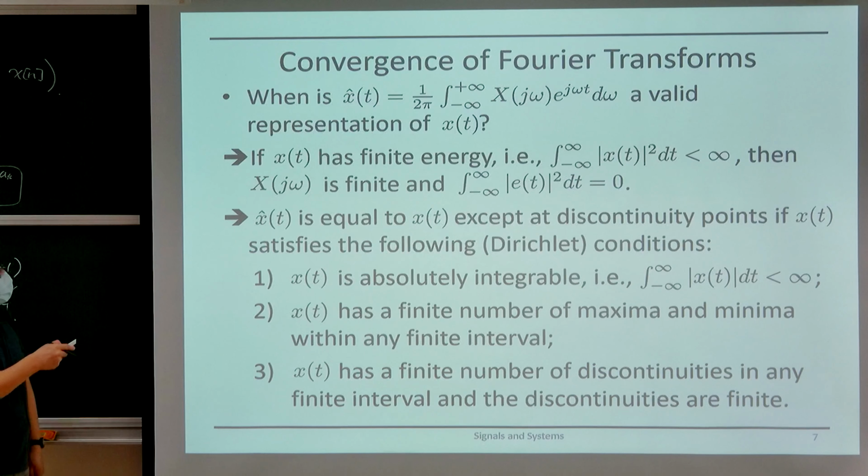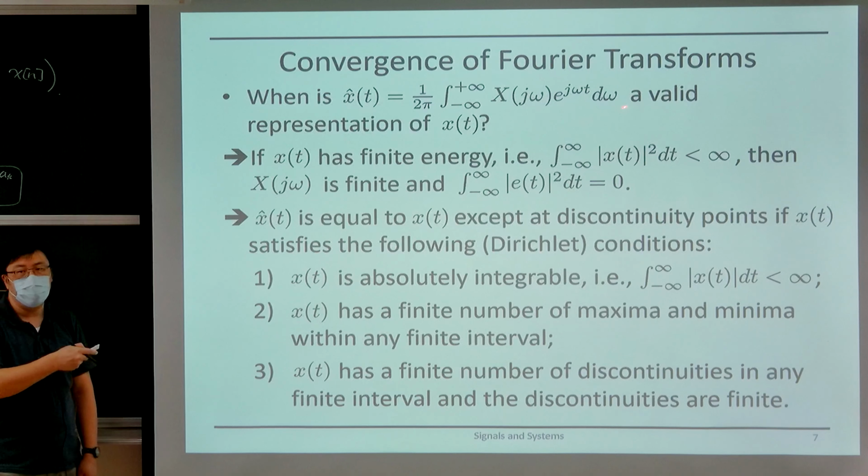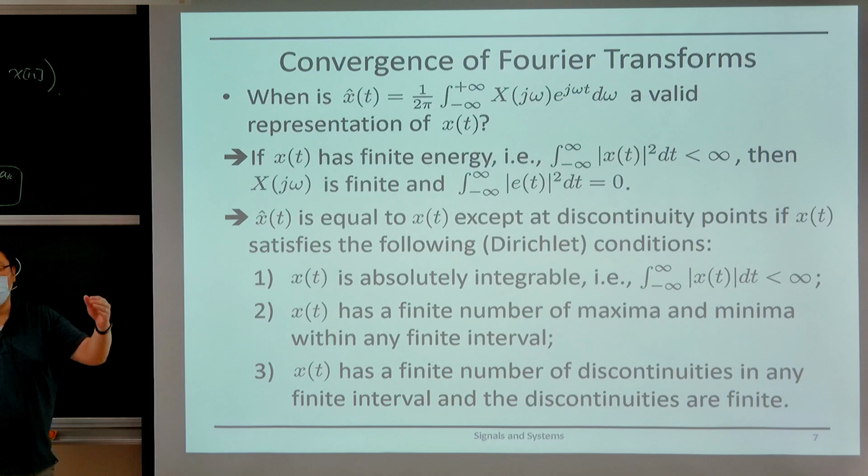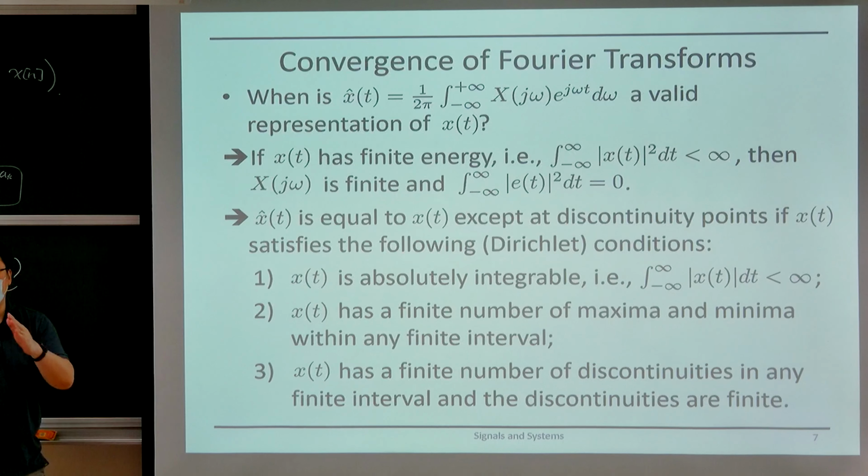So this representation, this Fourier transform exists, if you're looking at L2 type convergence, then this requires x of t to have finite energy. So previously, for periodic signals, we require x of t to have finite energy over one period.